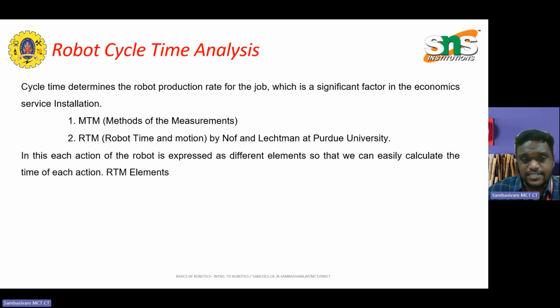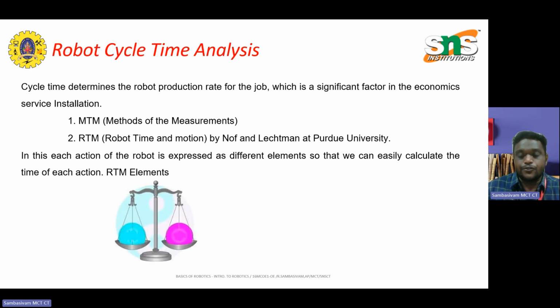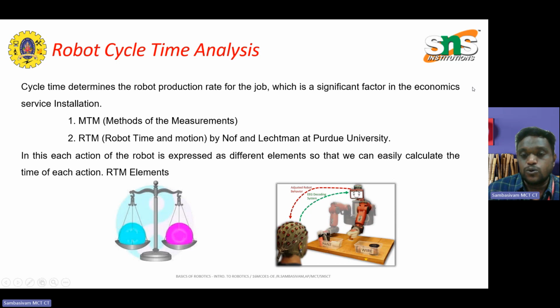In this, each action of the robot is expressed as different elements so that we can easily calculate the time of each action. The main RTM elements are entered into categories where we take into consideration how the work takes place, the conditions we are giving to the robots, and how it takes time and how it reduces the time.